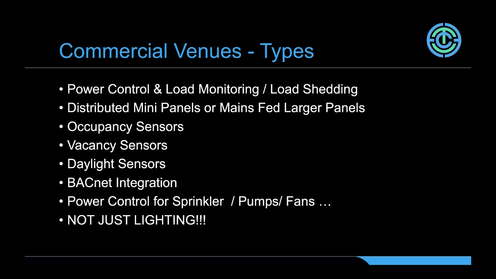The commercial offering that ETC has, again, I'm going to continue to ramble on about this, but it's not just lighting control, it's obviously power controls. And our power controls can be used for quite a number of things.